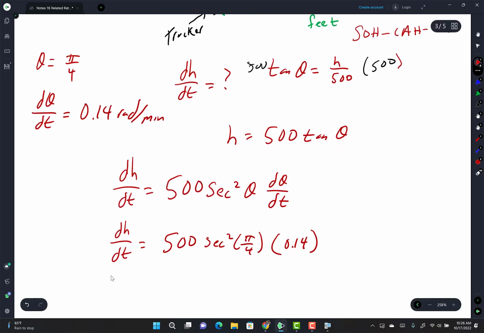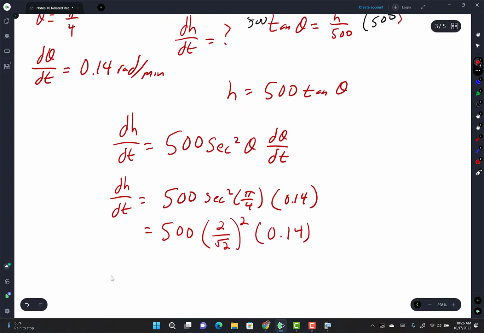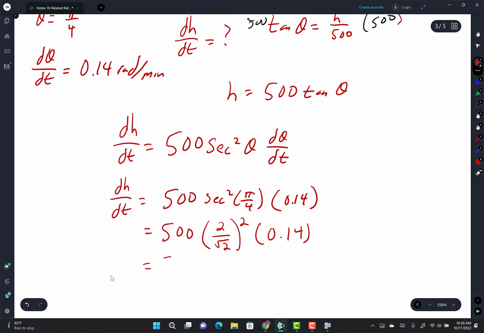Do you remember what secant squared of pi over 4 is? Well, let's see if we know what secant of pi over 4 is. 2 over square root of 2, right? Square root of 2 over 2. And I'm going to square that, and I'm going to multiply by 0.14. So let's see, 2 squared, so 500. And I know some of you can do this real quick. 2 squared is 4.